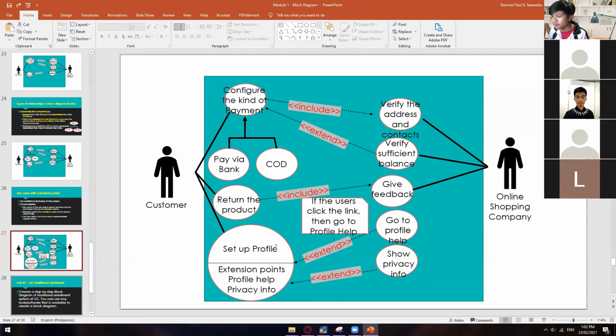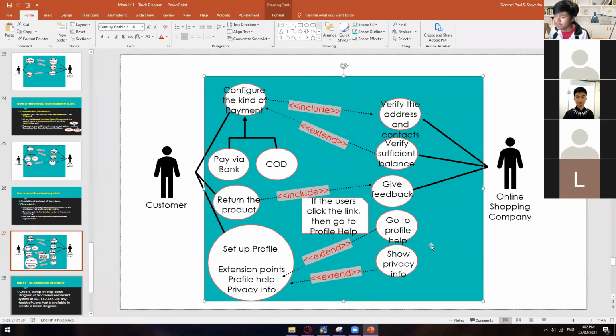Setup profile will show you the extension points: profile help, privacy info, etc. If you click the profile help, it will lead you to profile help.